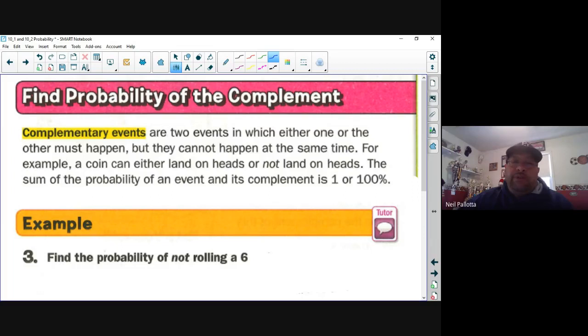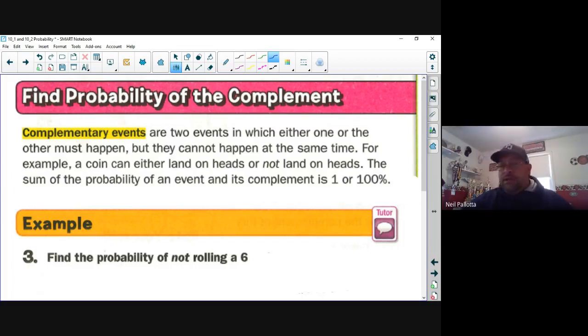For example, a coin can either land on heads or not land on heads. The sum of the probability of an event and its complement is 1, or 100%.